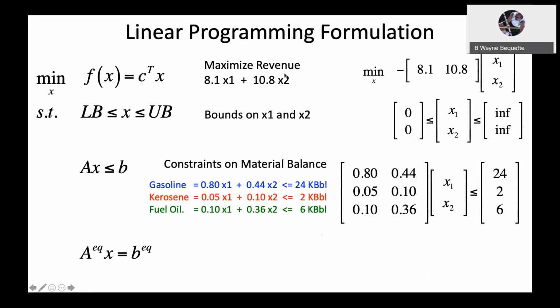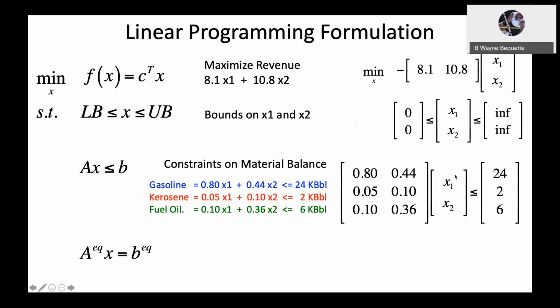We wanted to maximize the revenue, so for a minimization statement, the objective has to be the minus of the function that we want to maximize. Then we had bounds on crude oil 1 and crude oil 2, and the only bounds are lower bounds, so we had infinity for the upper bounds.